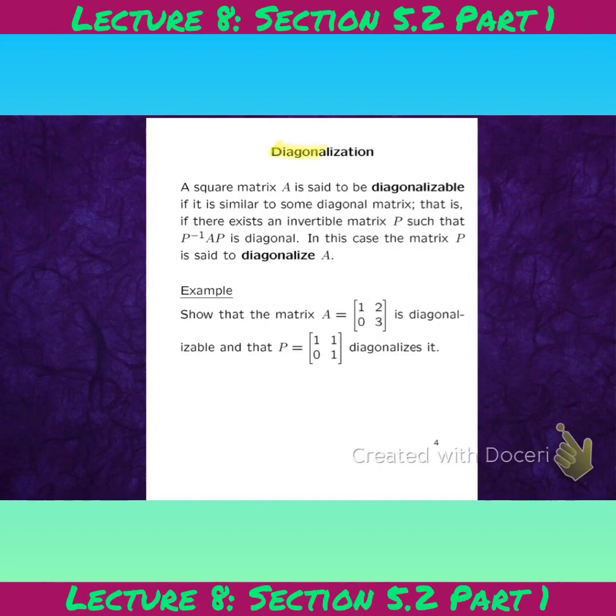So that brings us to diagonalization. So we say a square matrix A is said to be diagonalizable if it is similar to some diagonal matrix. In other words, if I can find an invertible matrix P, such that using that similarity transformation on A, the resulting matrix is a diagonal matrix.